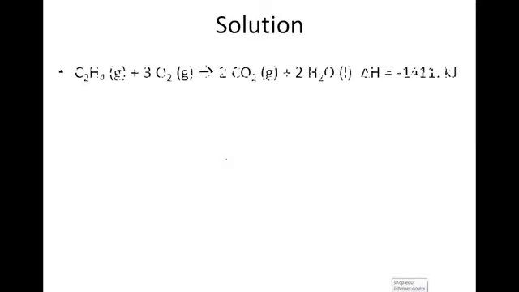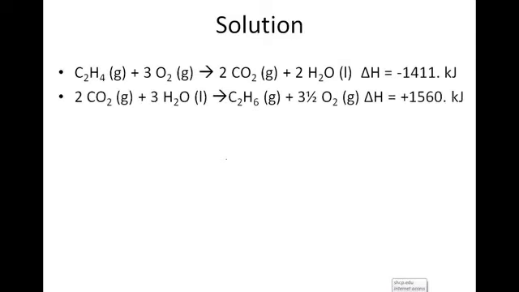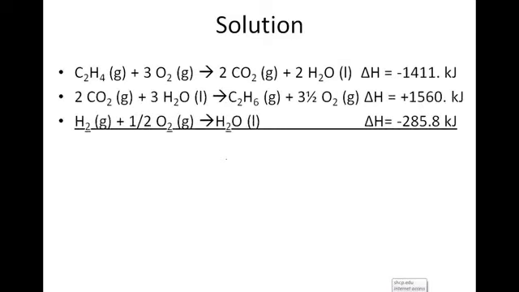So here's the solution. Here's what I'm looking for. Notice how I flipped the second equation. Everything should cancel out. My oxygens need to cancel out, so I have 3.5 oxygens on this side and 3.5 on the other side, which means they'll cancel out.